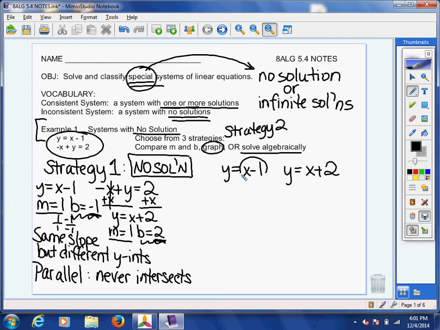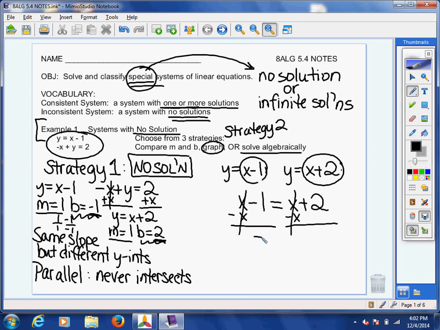If x minus 1 equals y, and x plus 2 also equals y, then what I have circled, they must equal each other. They must. And they do. So we're going to use substitution, and what you'll notice is you're going to take away x, and hey, they both disappeared. Look, they both cancel out, leaving me with -1 equals +2.